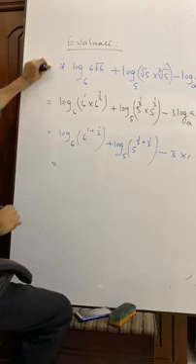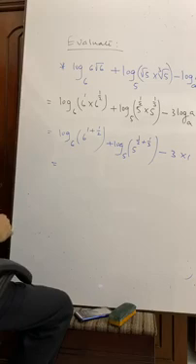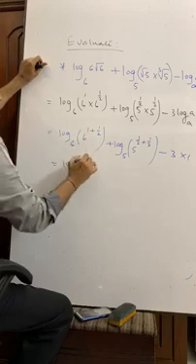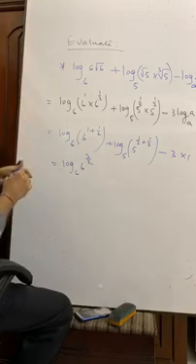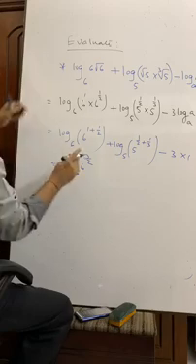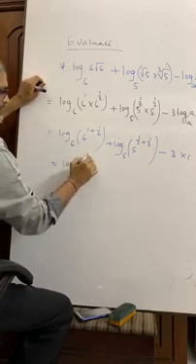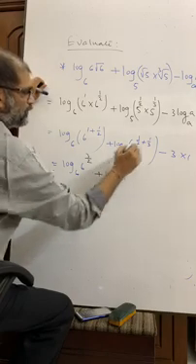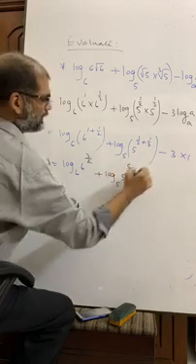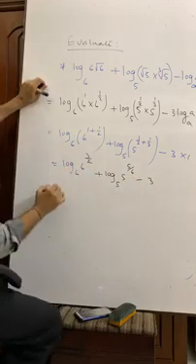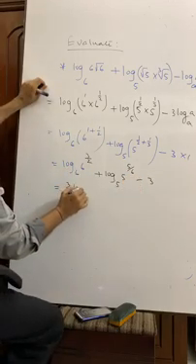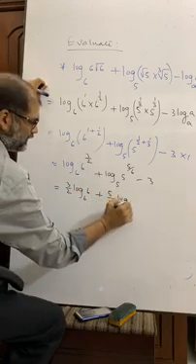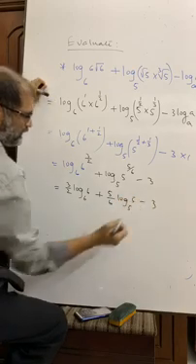Now pay attention here. 1 plus half equals to what? 3 by 2. 1 plus half equals to 3 by 2. I have written here 3 by 2. Log base 5 to the power what? It is 5 by 6, minus 3. This is 3 by 2 log base 5 by 6, minus 3.